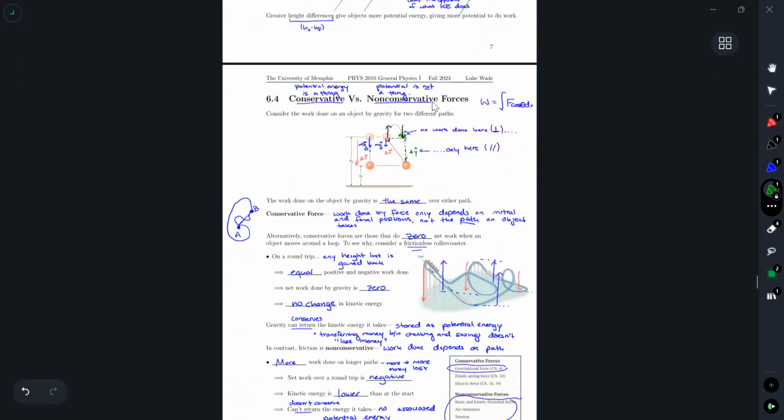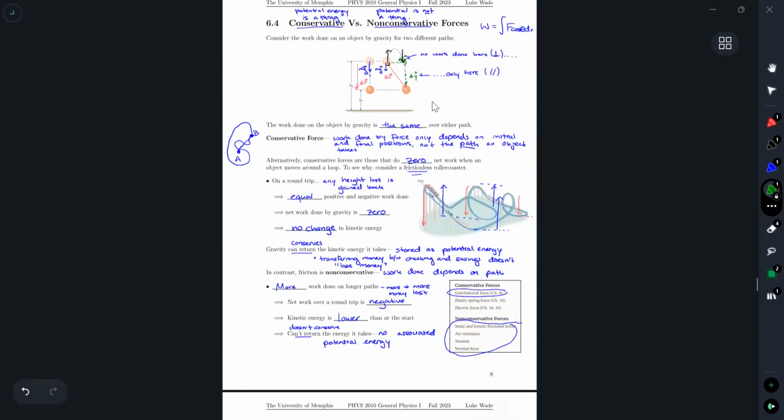Okay, so like I said, conservative and non-conservative forces lead to conservation of energy. Just if you know the difference between them, or if you at least know that the main one that messes things up as far as conservation of energy goes is friction, then you're good.